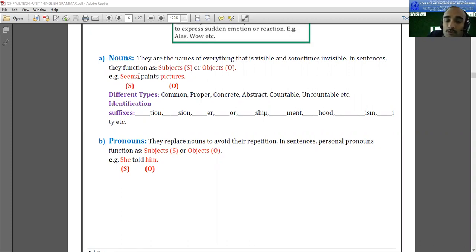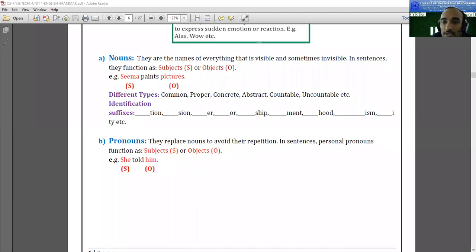So Seema is the noun of a girl, who paints pictures. And what is the picture in this sentence? Object. Yes. So picture functions as the object in a sentence.